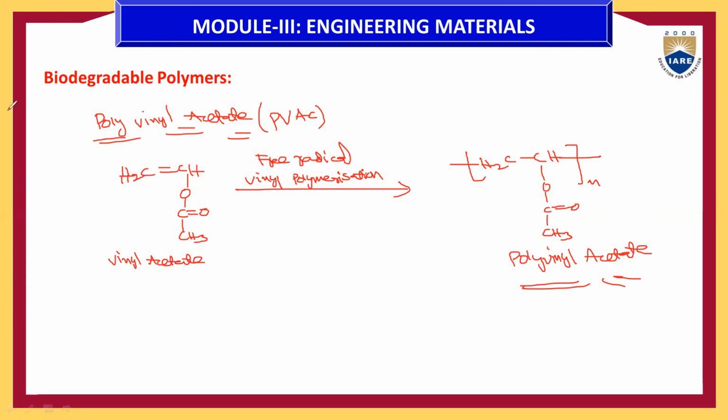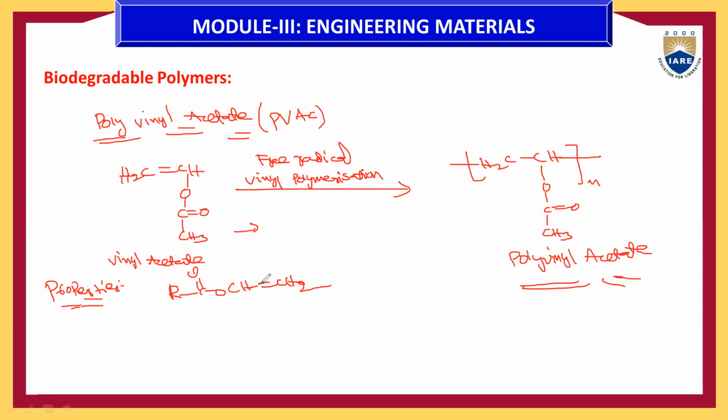So, properties of polyvinyl acetate, listen carefully. The polyvinyl ester family has the general formula RC double bond O, with CH double bond CH2.